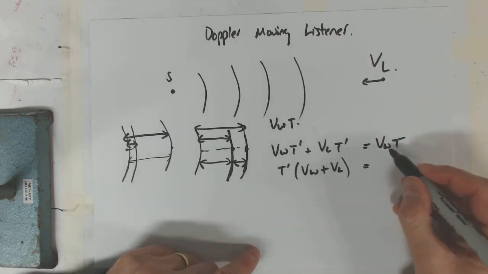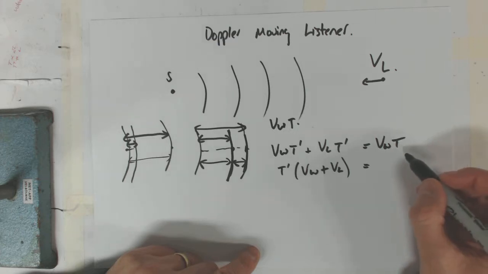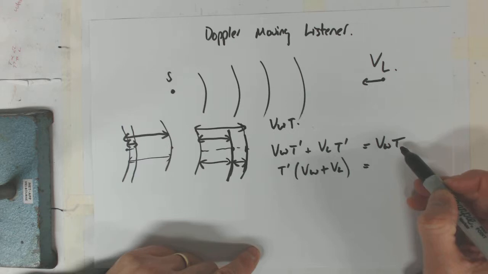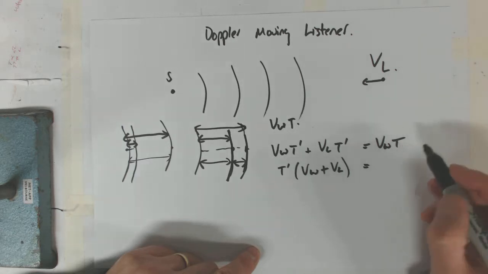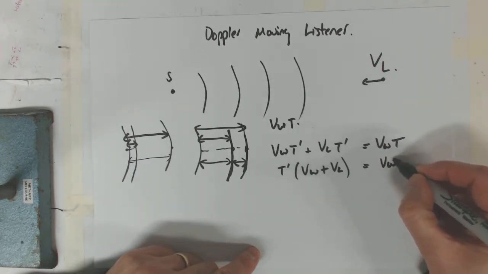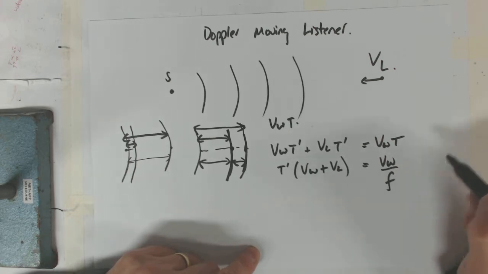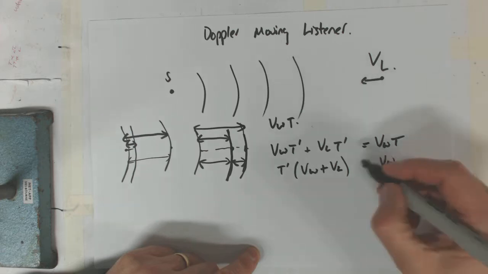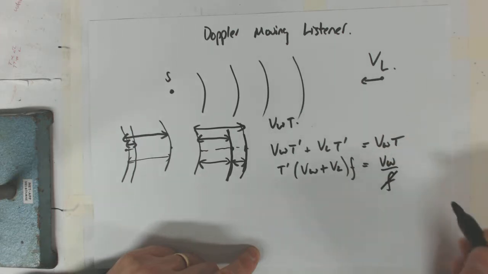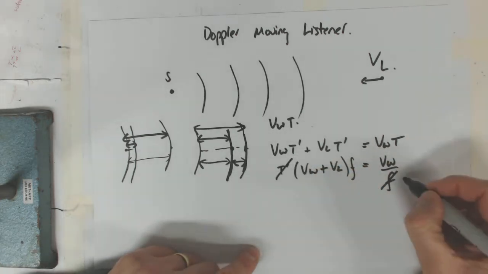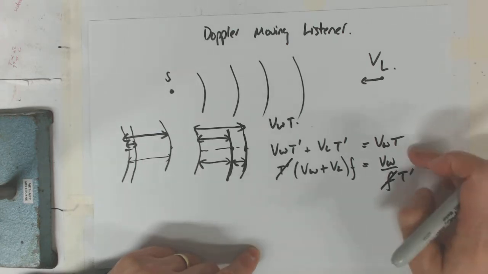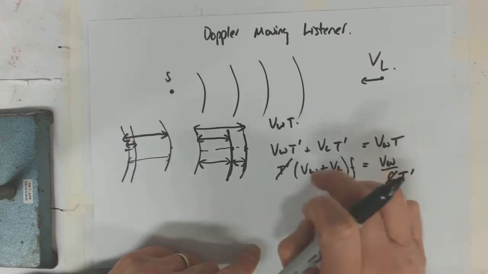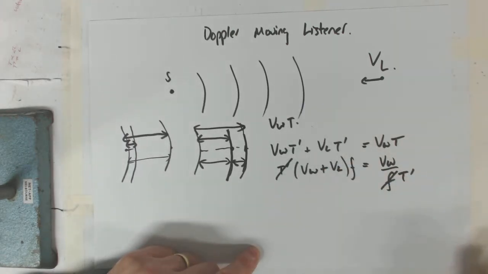We had here VWT, that's that wavelength. VWT is the same as VW over F. So let's just get rid of that, and we could put the frequency there, right? And we could say that the T dash comes down here. So we've said that VW over T dash is equal to F times those two guys multiplied.